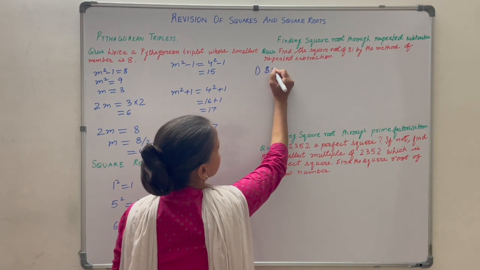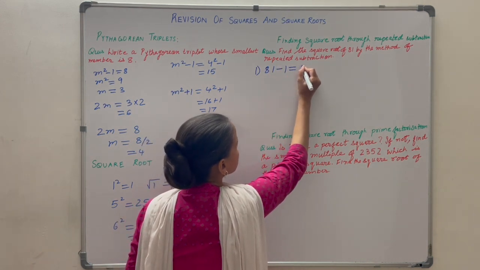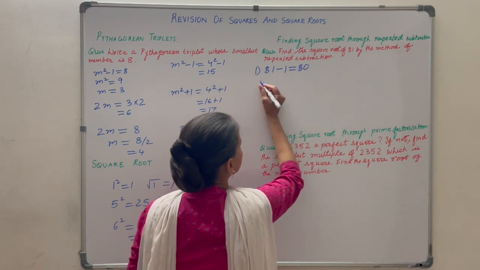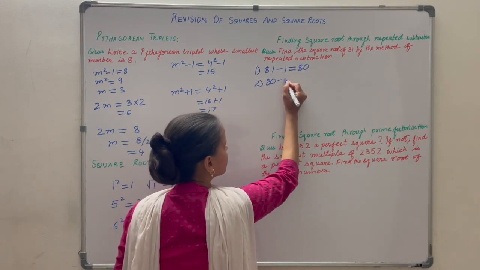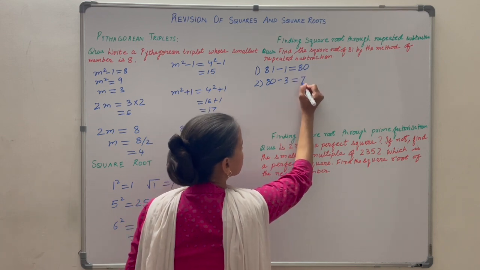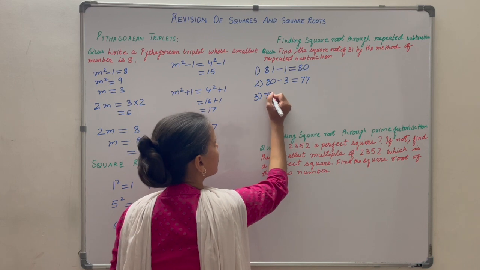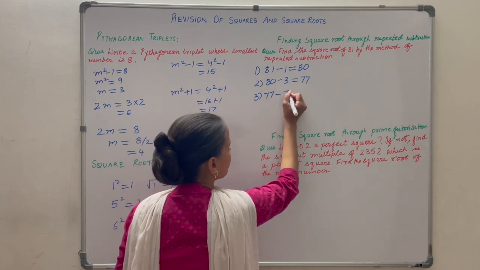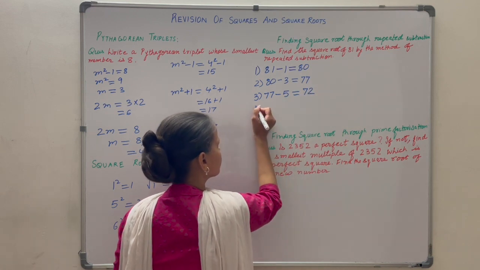From 81, first we will remove the first odd number 1. So 81 minus 1 is 80. Now from 80 you have to subtract, after 1, it is 3. So 80 minus 3 is 77. Now from 77 you need to subtract the next odd number 5. So you get 72.